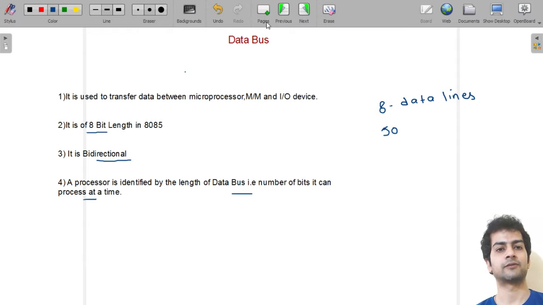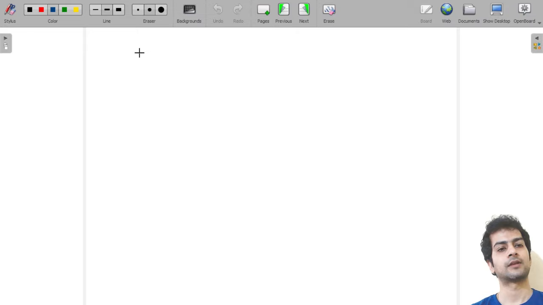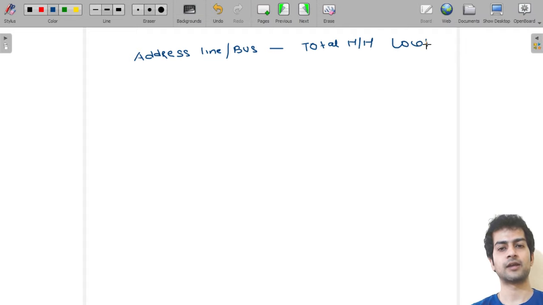So I can conclude one thing here: if we have an idea of the address lines or bus, then we can conclude the total memory locations attached with the microprocessor.